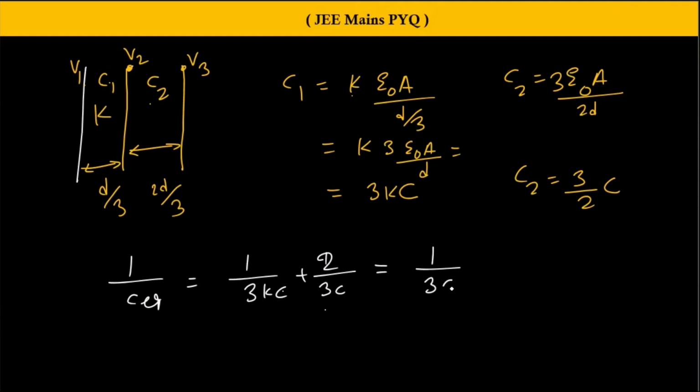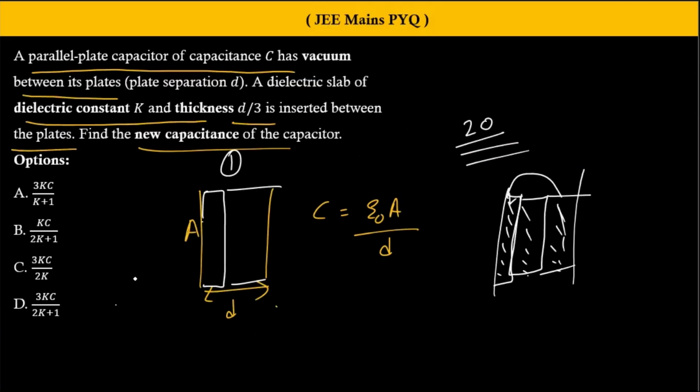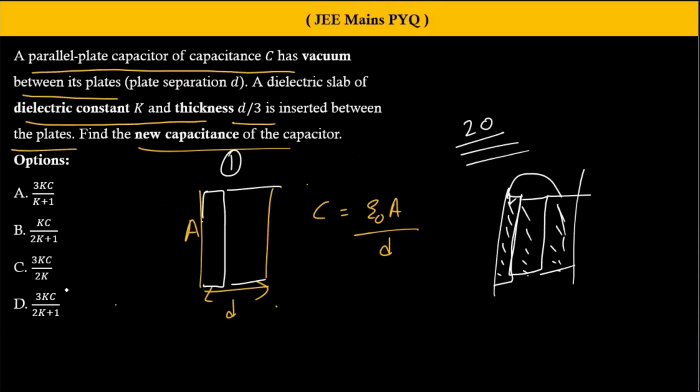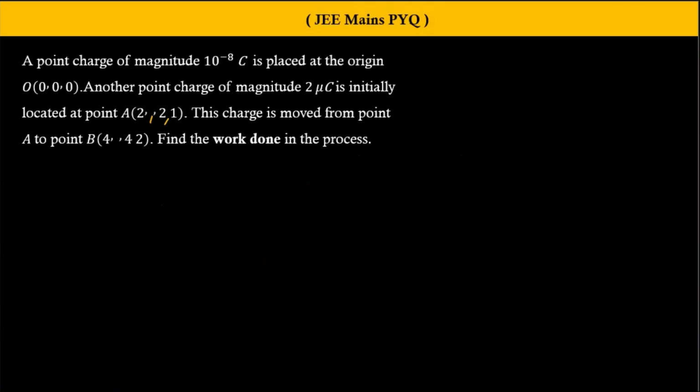You simply take 1 by 3C common, and if you do that, you will be getting 1 plus 2K divided by K. So answer C equivalent is going to be 3Kc divided by 2K plus 1. Let us check. So 2K plus 1 somewhere, can you spot? Okay. This is 3Kc by, okay. In the bottom, we have 2K plus 1. 3Kc by 2K plus 1. This is D. Okay. तो सॉर्टेड क्वेश्चन में कुछ नहीं करना है, बहुत ही सिंपल सा क्वेश्चन था.